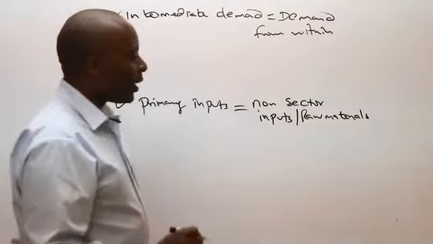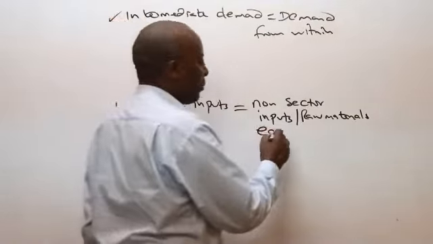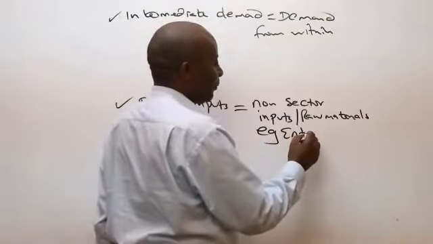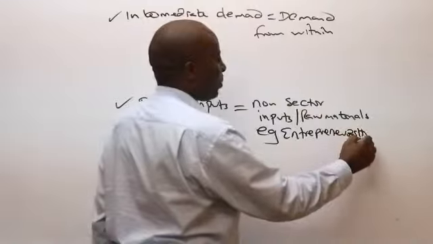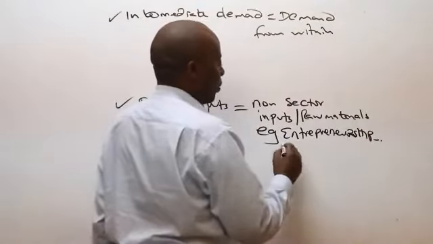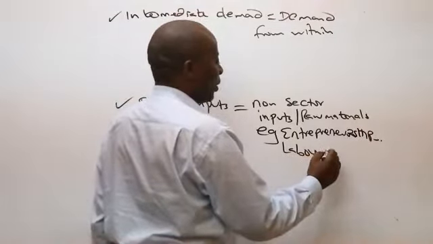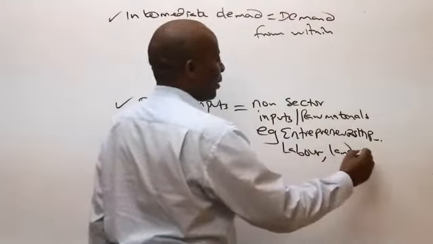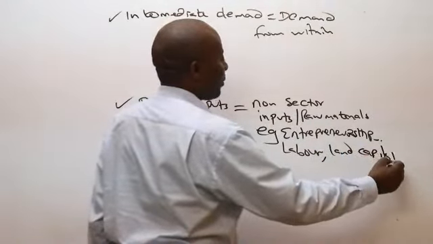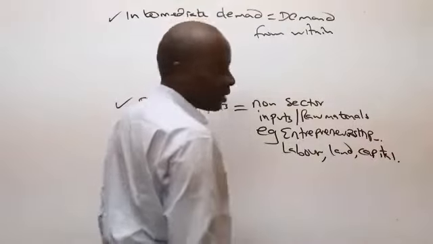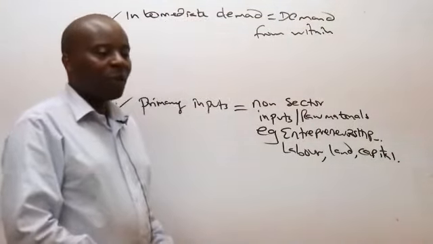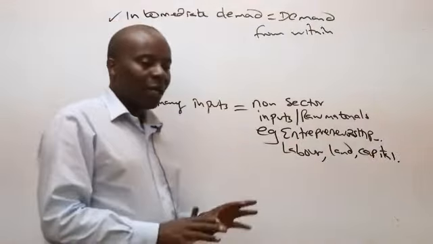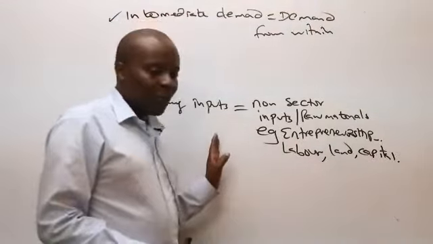Very good example will be entrepreneurship. We have labor. We have land. We have capital. There is no sector that produces these things. So we have to lump them together under what we call the primary inputs.